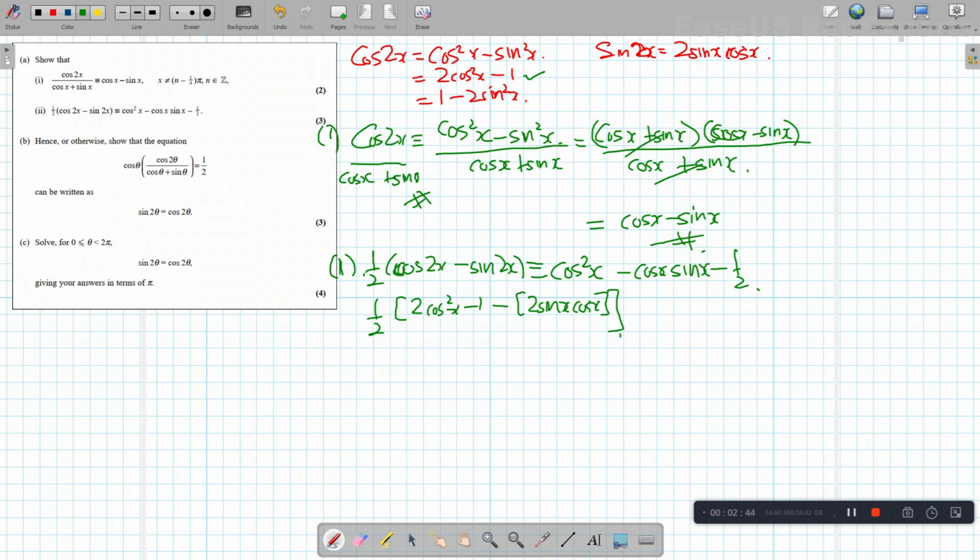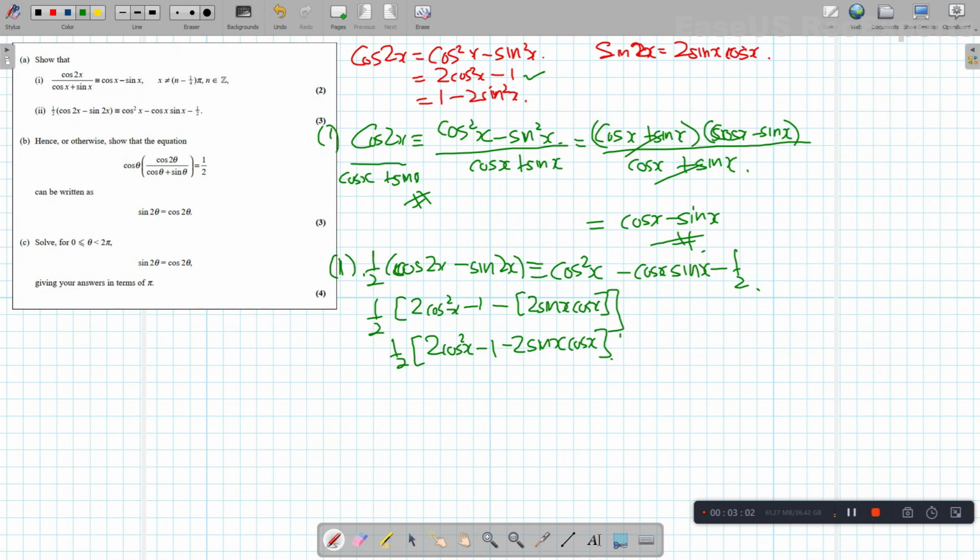If I expand this, it's half of (2cos²x - 1 - 2 sin x cos x).